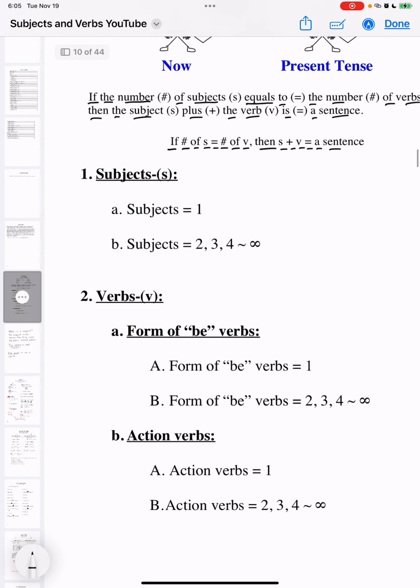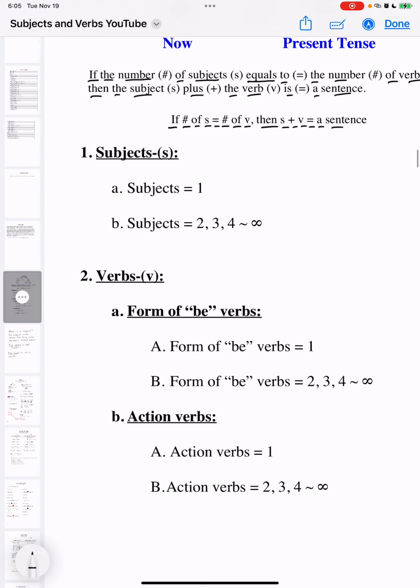Really simple. Here you have subjects that are equal to 1, and subjects that are equal to 2, 3, 4 to infinity. The 1 just means singular, subjects that are singular. And 2, 3, 4 to infinity is subjects that are plural.